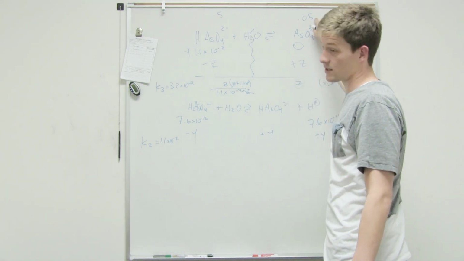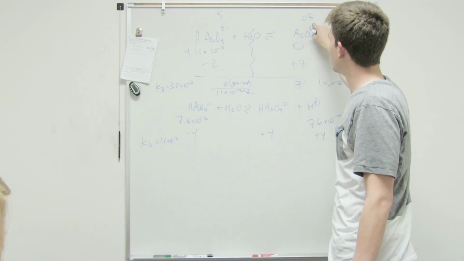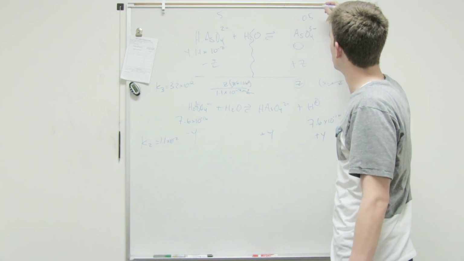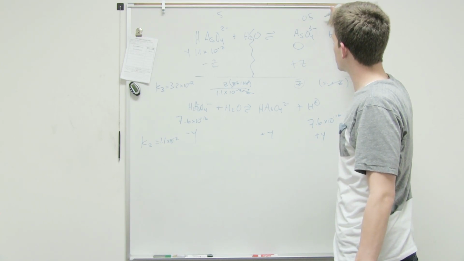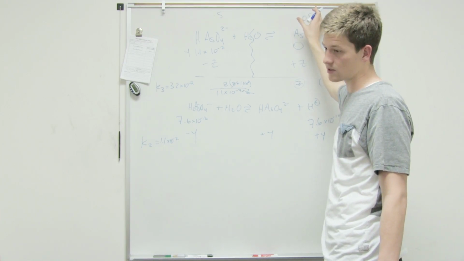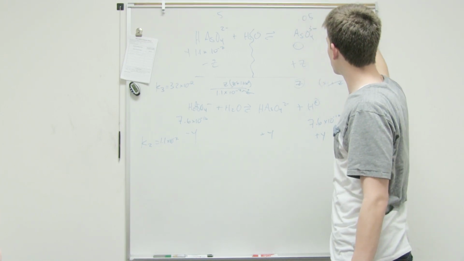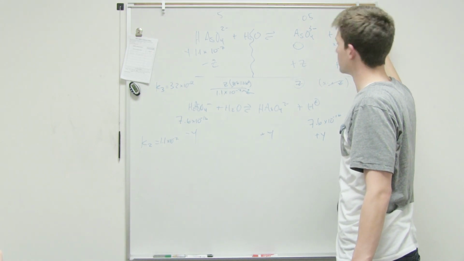So let's say we go to here, right? So we get 0.05, and then this 0.05 is going to dissociate, but the rate at which it dissociates is even smaller. So it'll make like 0.005.